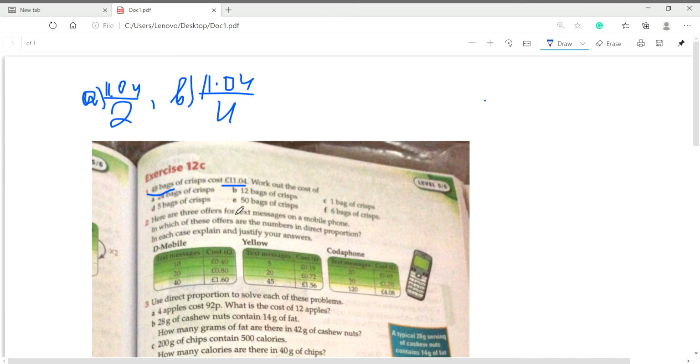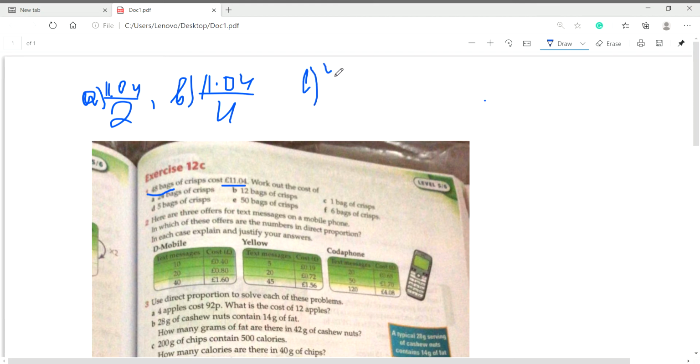But in some of them, in D, E, F, they have different numbers. So, for example, it is difficult to find the relationship between 48 and 50. So here we will use the cross multiplication method. I'm doing E1, the rest you will do yourself.